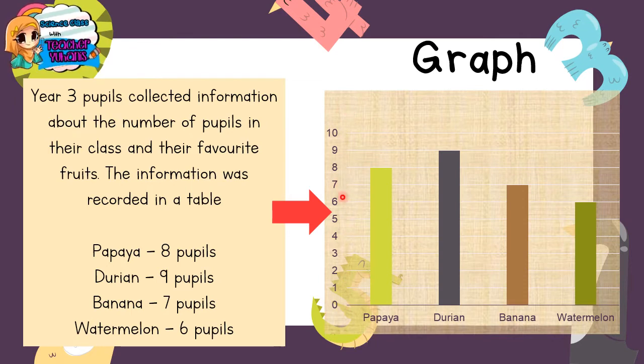This is the vertical axis. On the horizontal axis, we write down the types of fruits: papaya, durian, banana, and watermelon. While on the vertical axis, we write down the number of pupils.